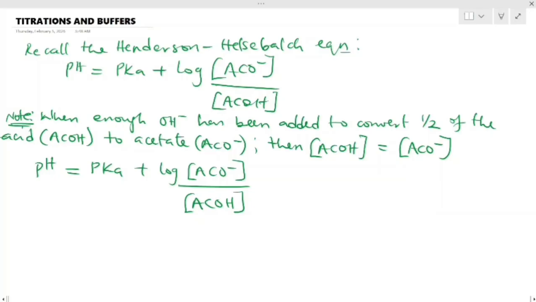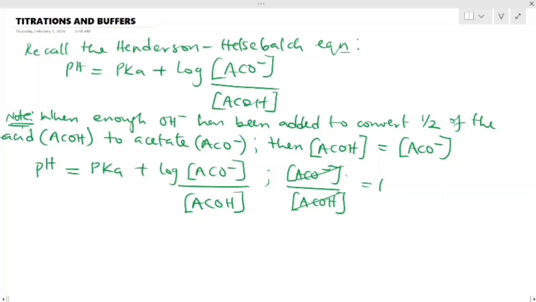So at this point you have your concentration of ACO minus over your concentration of ACOH. At that half, what you have is equal to 1 because your concentrations are now equal. Whatever is equal cancels out to give you 1.